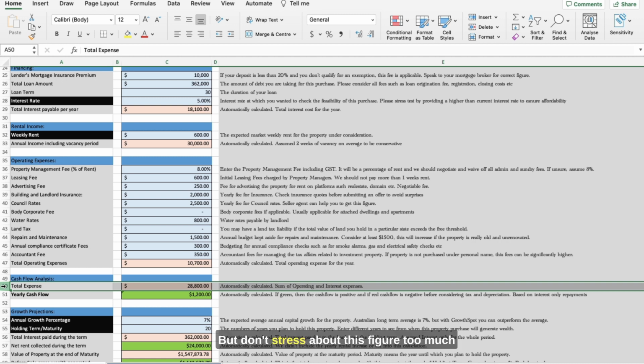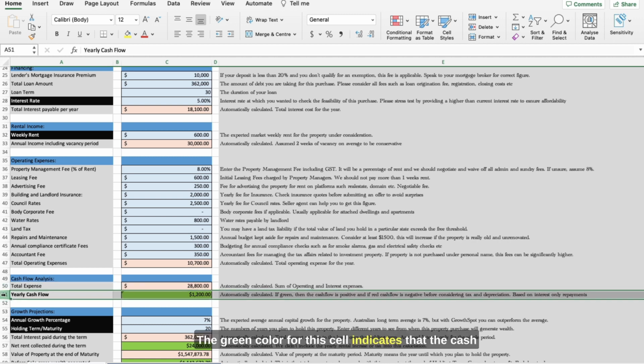But don't stress about this figure too much right now. We need to account for the incoming rent from this property as well to get a better idea of our financial position due to this purchase. So now, let's look at the cash flow projection.